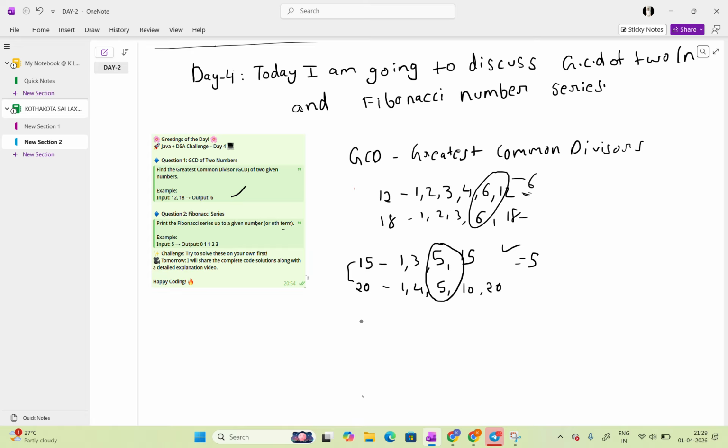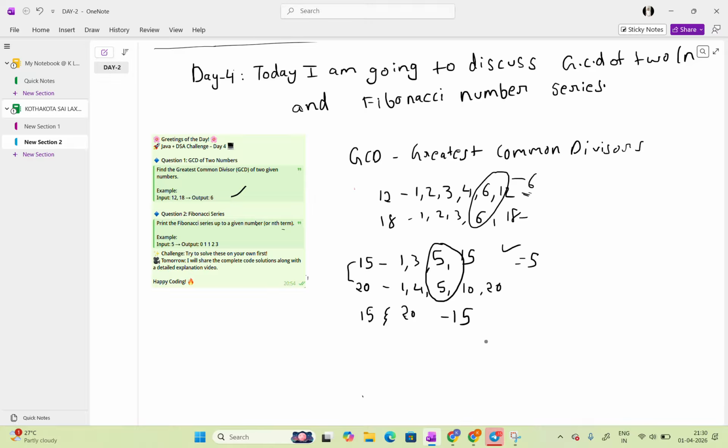Okay, so generally, can we say a brute force approach? For suppose, what is the minimum of both the numbers 15 and 20? What is the smallest number? 15 is the smallest number.